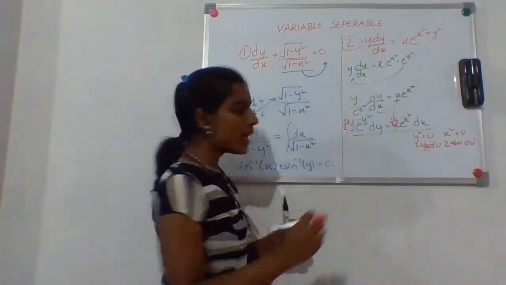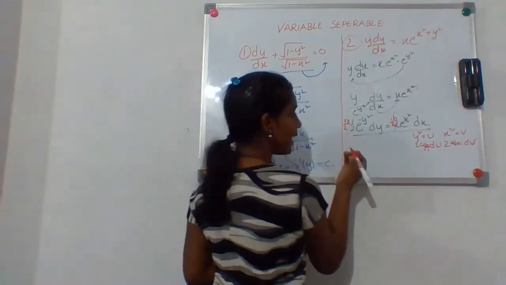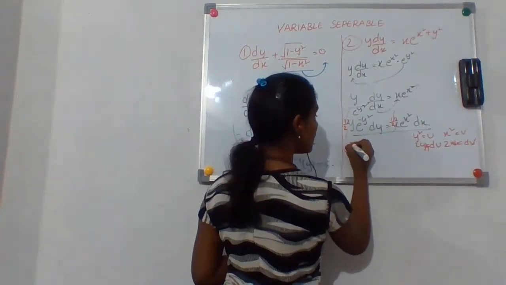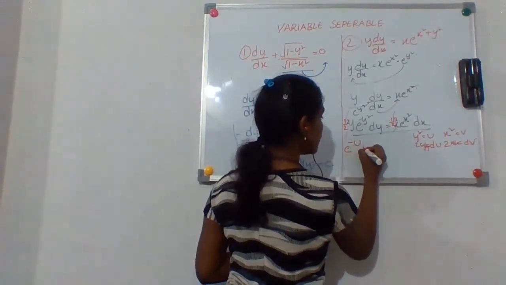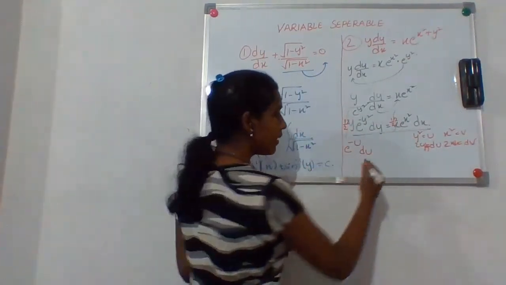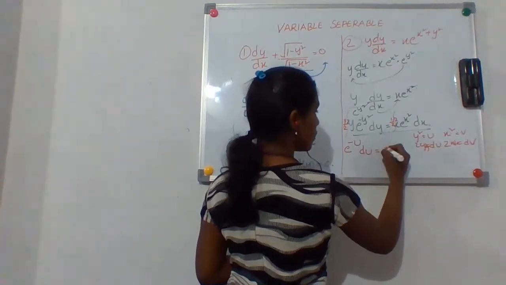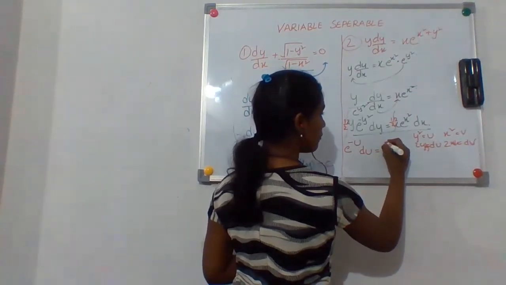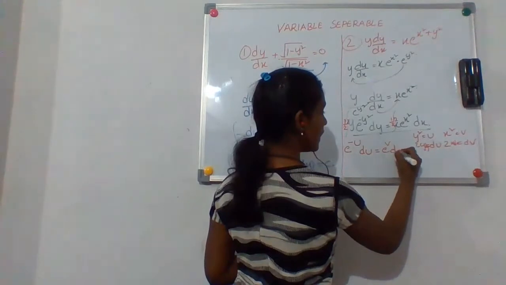Am I right? Now I am going to use this over here. Then what do I get? E power minus u into du instead of 2y dy. Understand? Now that is equals to e power v into dv.